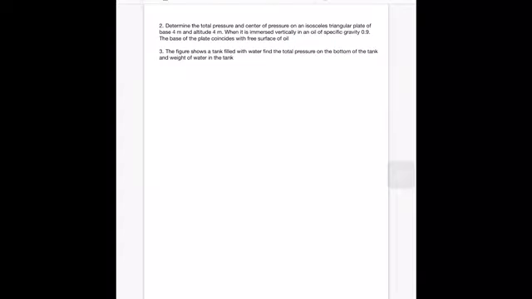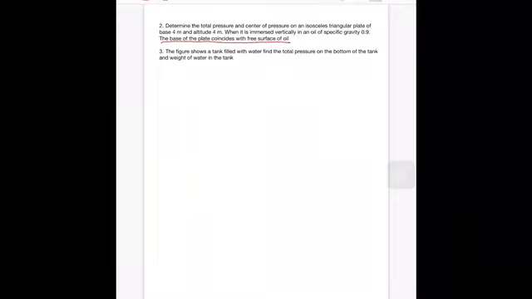Now one statement that needs attention is the base of the plate coincides with free surface of the oil. That is something that we need to give concentration. The base of plate coincides with free surface of the oil.